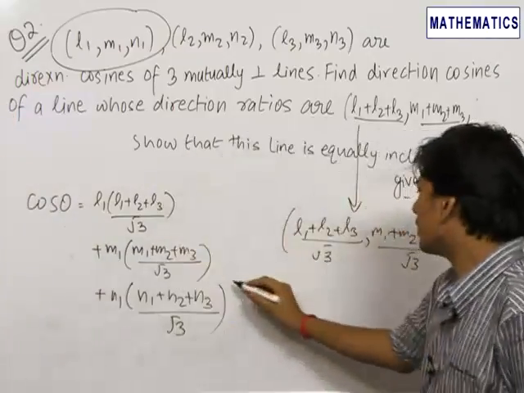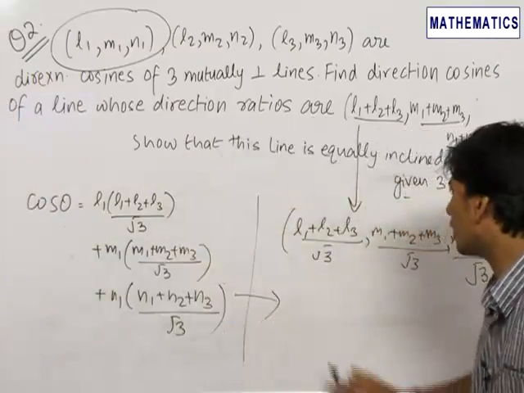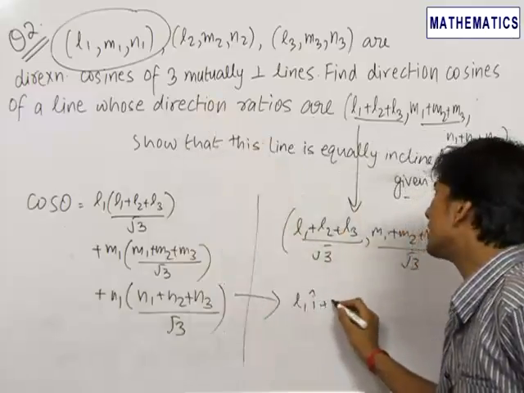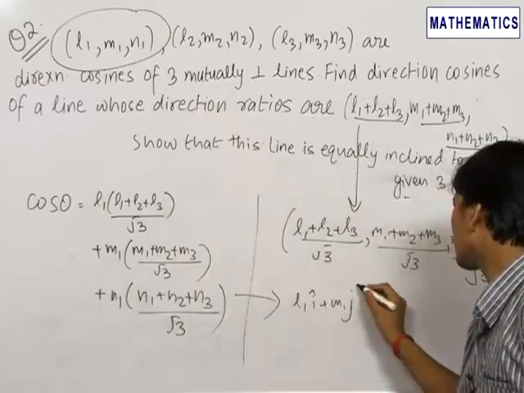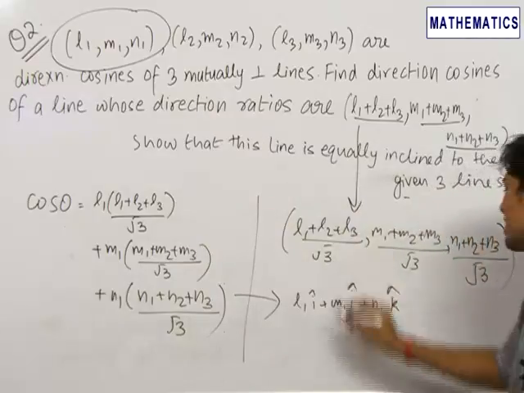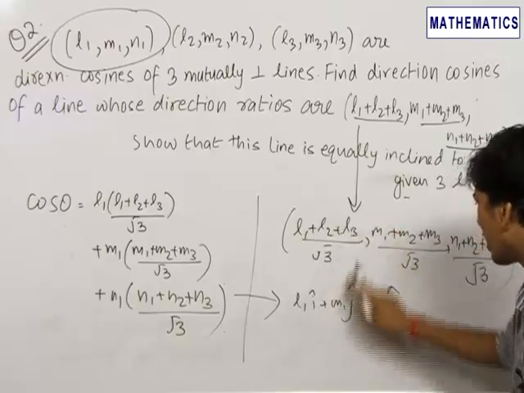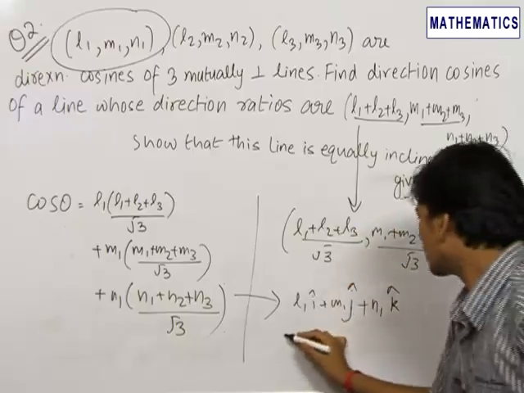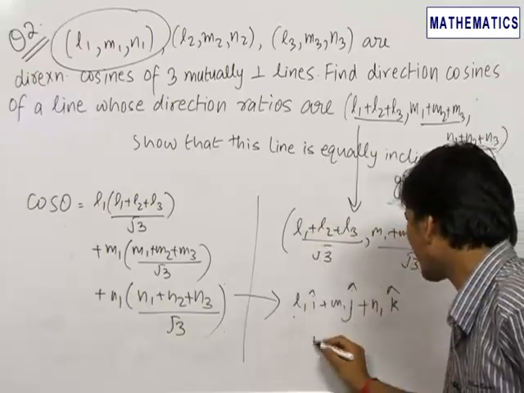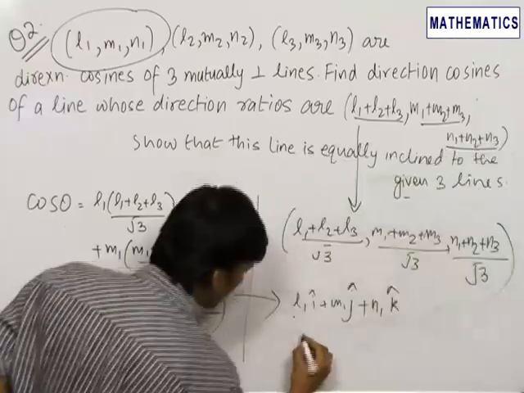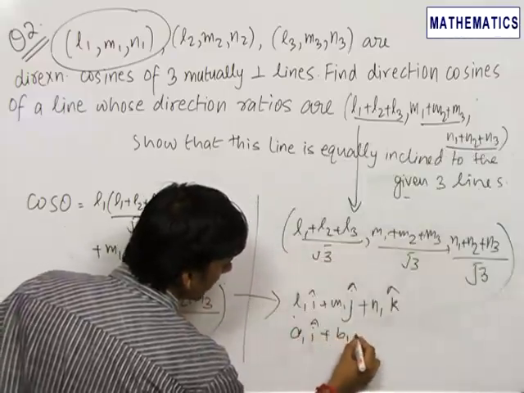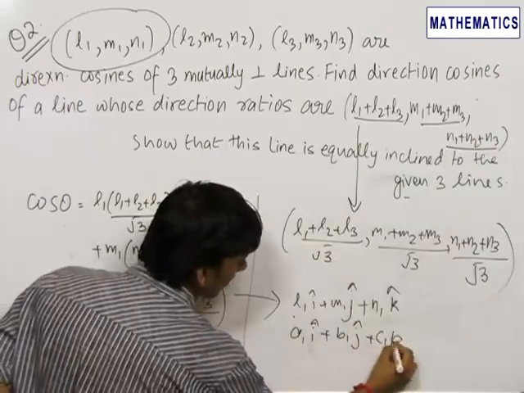This can again be seen from the formula for vectors. The above one is L1 i cap plus M1 j cap plus N1 k cap. Let me explain it like this. The other one is A1 i cap plus B1 j cap plus C1 k cap.